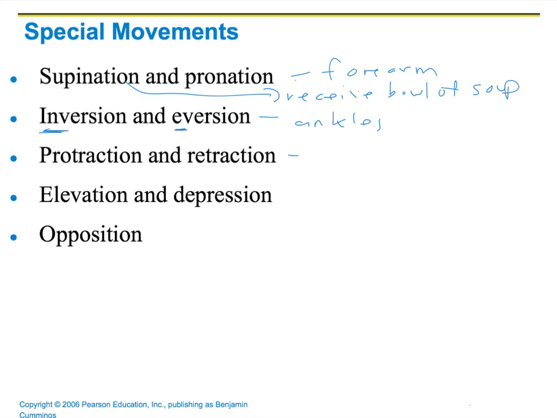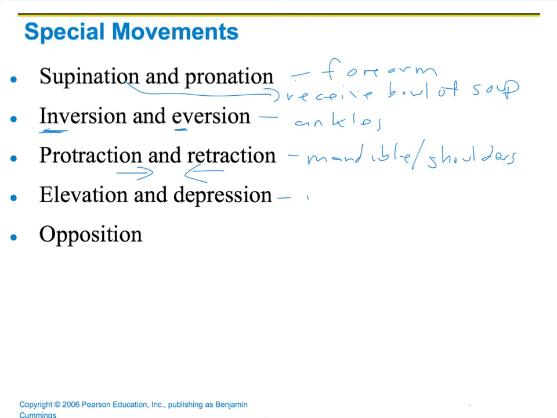Protraction and retraction can be demonstrated with the mandible or with the shoulders. Protraction is moving one bone in front of the other, and retraction is moving one bone behind the other in the same plane.